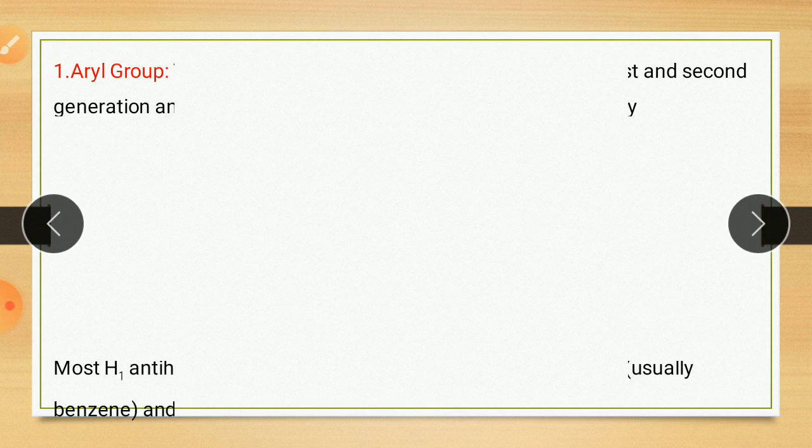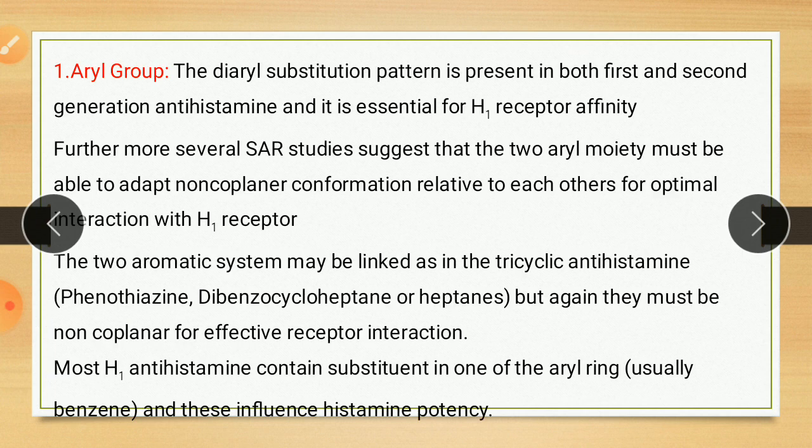So here the first is the aryl group. There are two aromatic rings as we see. The diaryl substitution pattern is present in both first and second generation antihistamines, and it is essential for H1 receptor affinity. Furthermore, several SAR studies suggest that the two aryl moieties must be able to adopt a non-coplanar conformation.